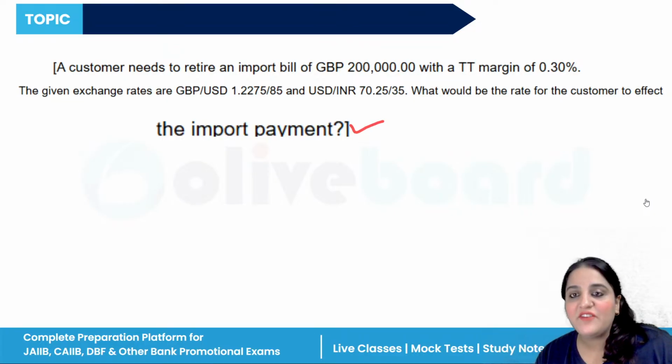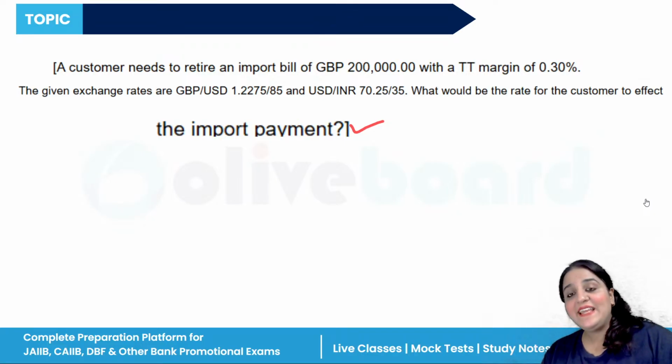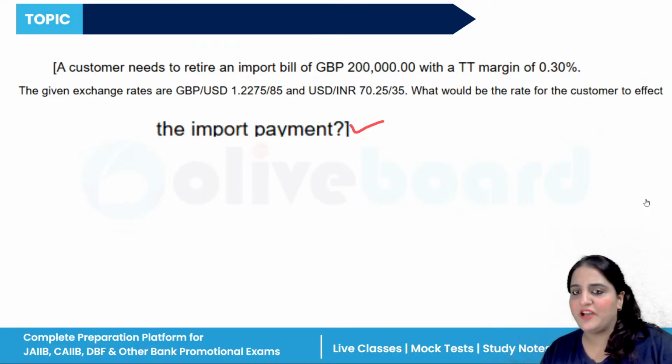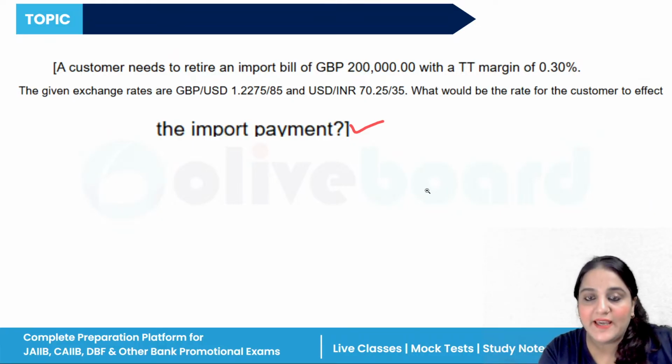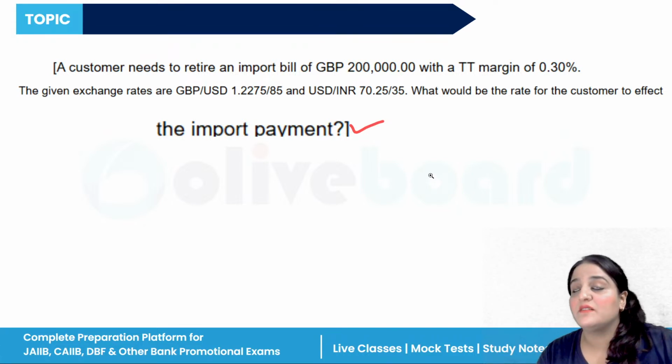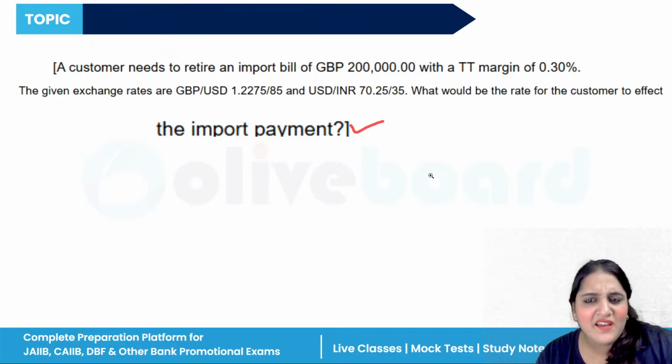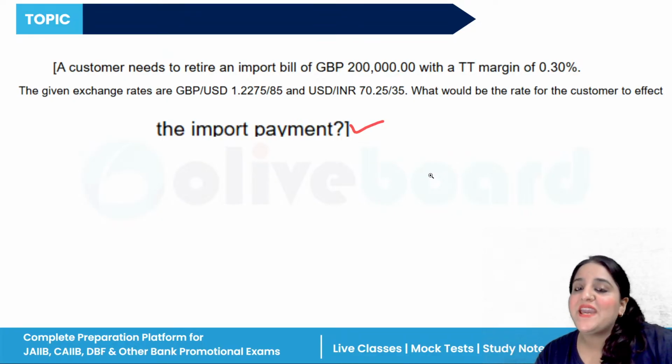So obviously the bank will use the British pound INR ask rate, and the telegraphic transfer margin of 0.30% is given, which is added to the rate. So simply, we have to calculate here British pound US dollar, and we have to use the ask rate. Why? Because the bank pays to buy the British pound, so a higher rate is there.